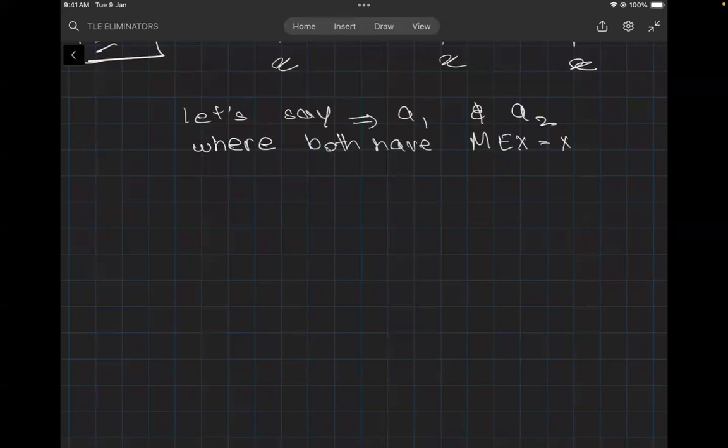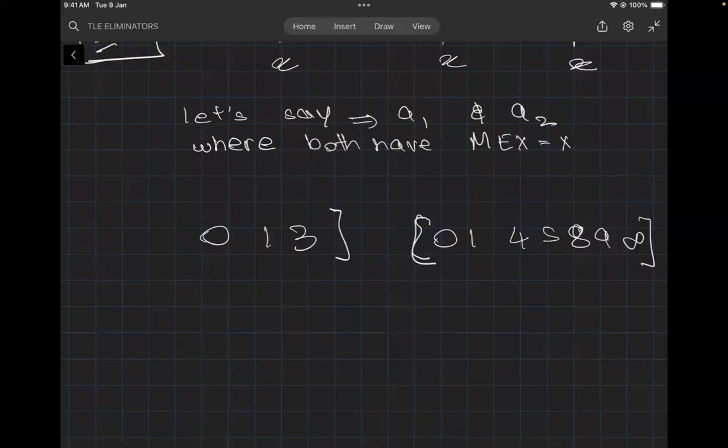Let's take a common example: 0, 1, 3 and 0, 1, 4, 5, 8, 9, infinity. Infinity is of course not there, but let's say these are the two arrays that we have. The max here is 2, and the max here is 2.